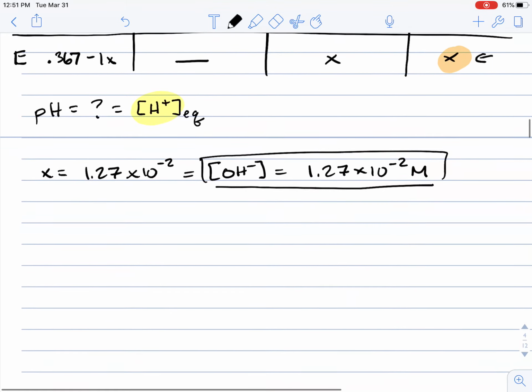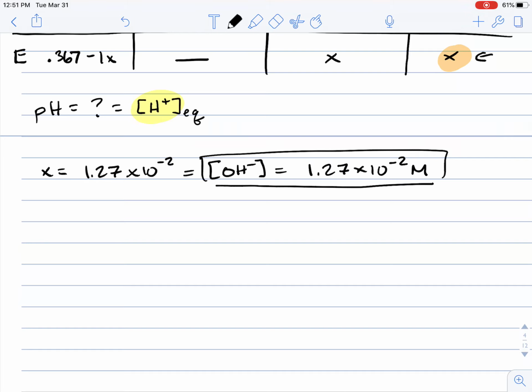Okay, so to figure out the concentration of H+, we're going to use this relationship: the concentration of H+ times the concentration of OH is equal to 1.008 times 10 to the negative 14.